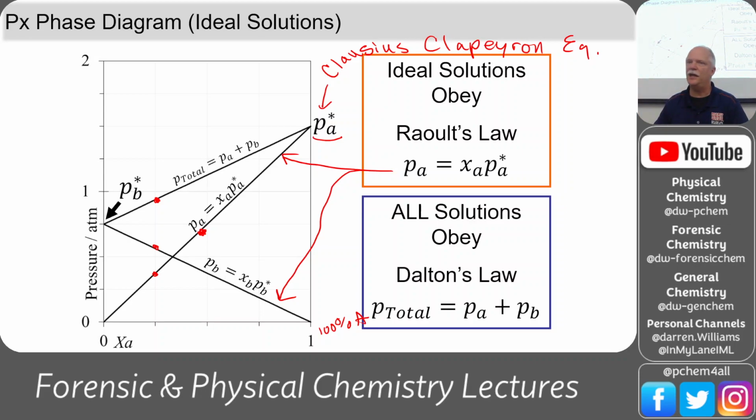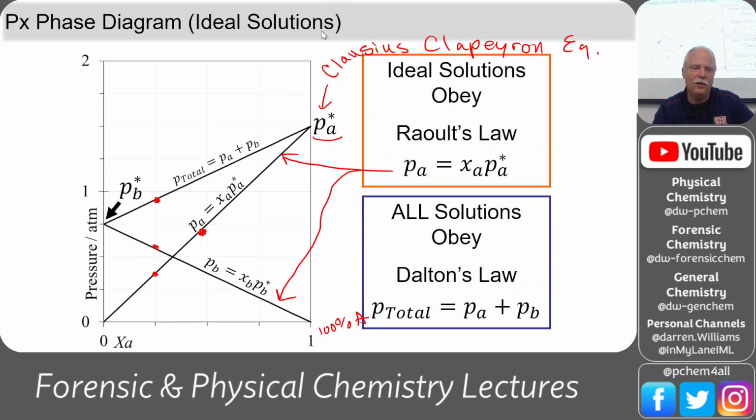The equilibrium has changed. There's half as much A as there would be in a pure case. So it's half the pressure. That's just an assumption to say let's say these things behave like billiard balls coming and going from the surface, and it's like the surface is half as big as it was because we have half the amount of A. The other half is B on the surface.